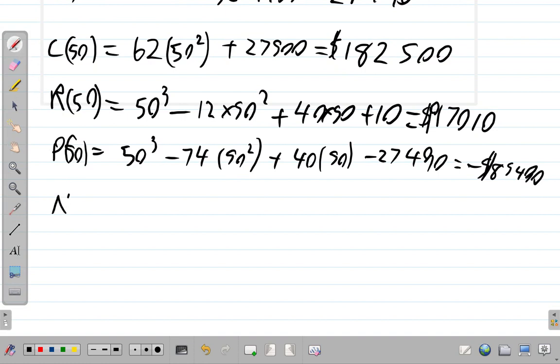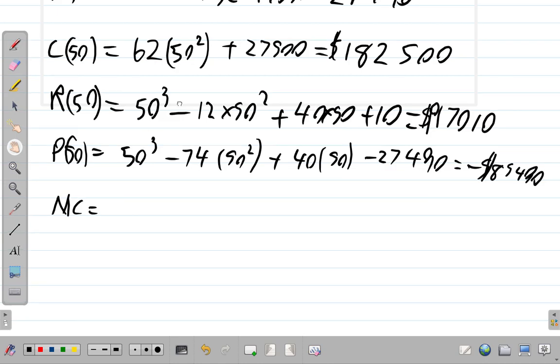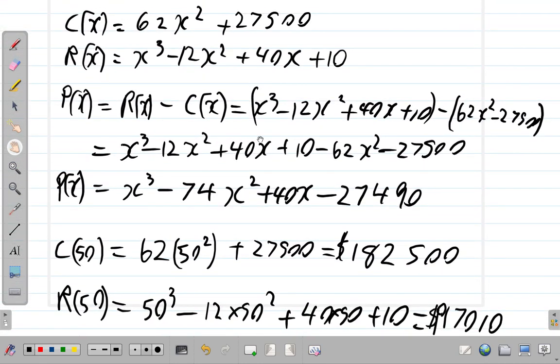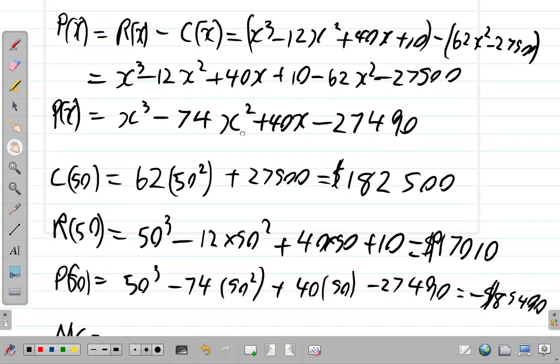So our MC, the marginal cost, would be... the total cost was 62x squared plus 27,500.